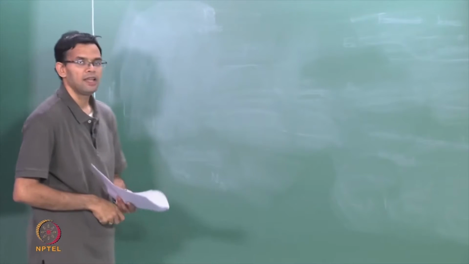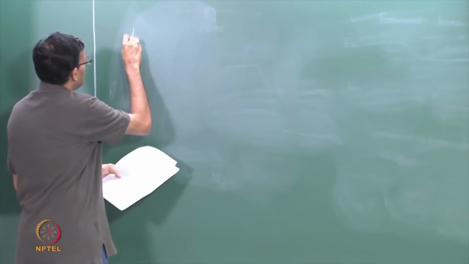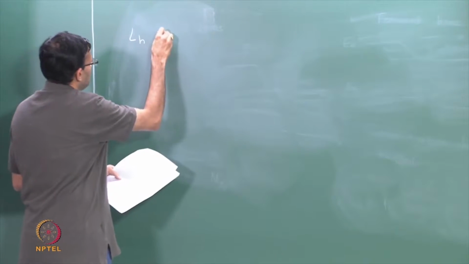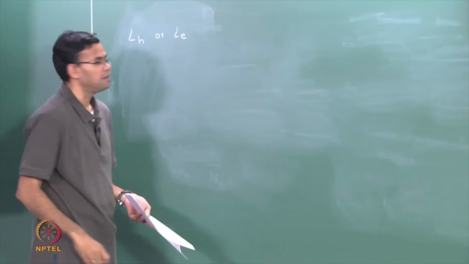So, the diffusion length for the extra electrons and holes, we are going to call them L_H or L_E. This is called the minority carrier diffusion length.